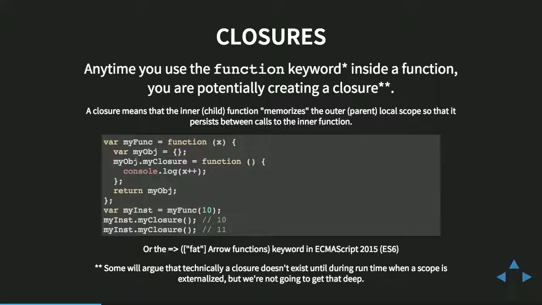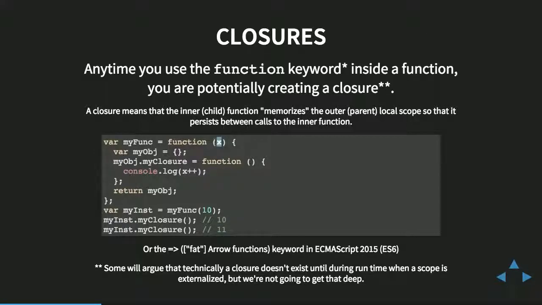So here's an example. A closure means the inner child function memorizes the outer parent local scope so that it persists between calls to the inner function. Here you can see my function equals function x, my object equals this, my object dot my closure equals function console log x plus plus.